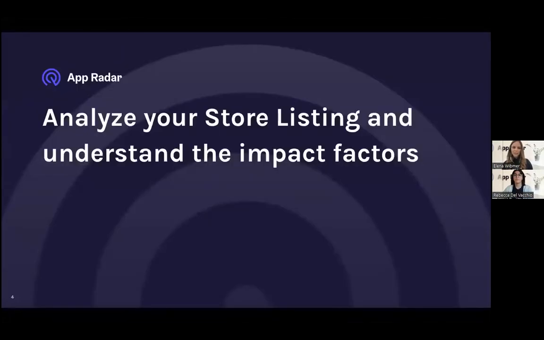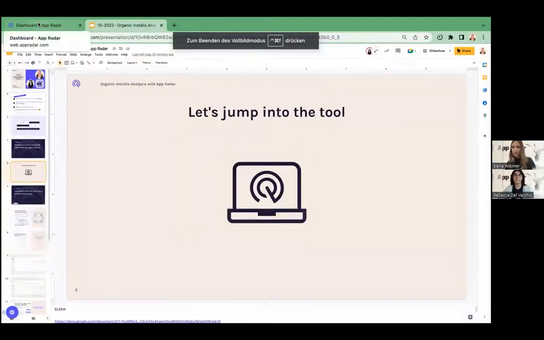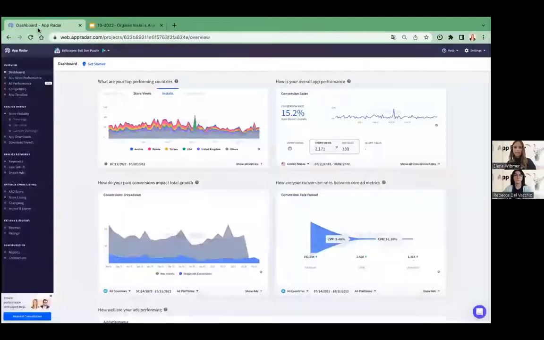All right, I would suggest we get right away into the topic and start with how you can analyze your store listing and understand the different impact factors. For that, I would jump right away inside the AppRadar tool to show you around how I would usually do an analysis. You should see now my screen with the dashboard, I hope.